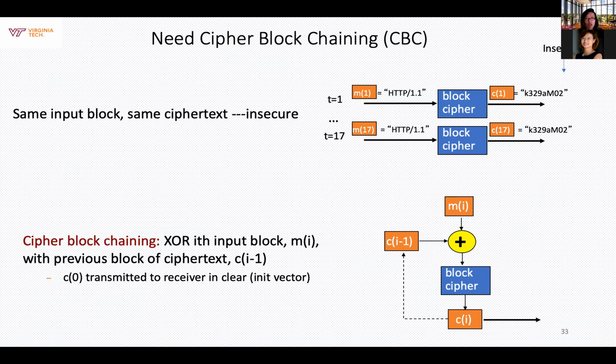We have seen this being the main vulnerability for many encryption algorithms, including WEP, which used to be the standard for Wi-Fi communication, the access point protocol, and no longer is.